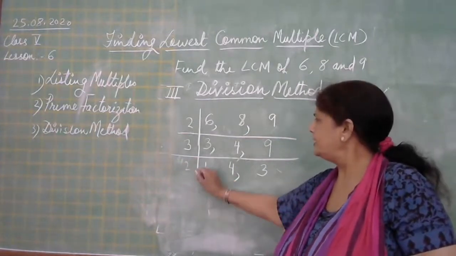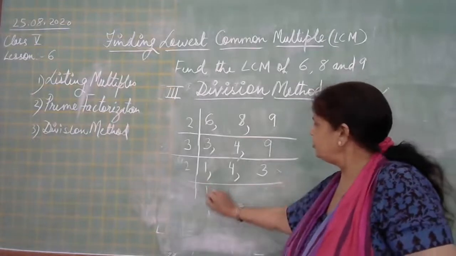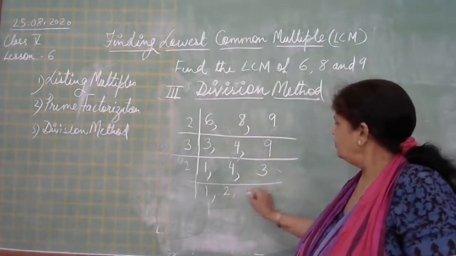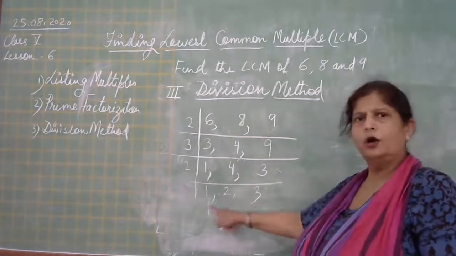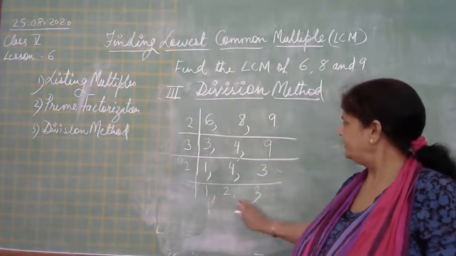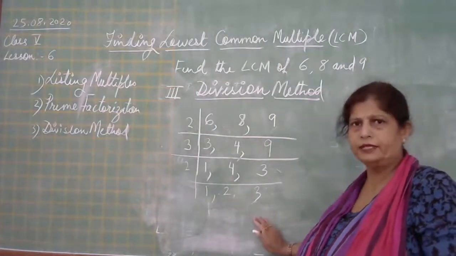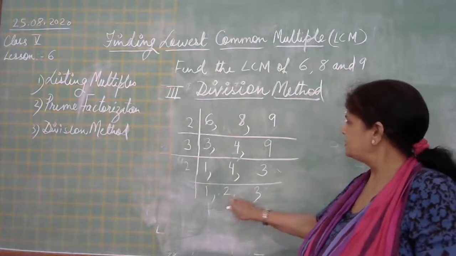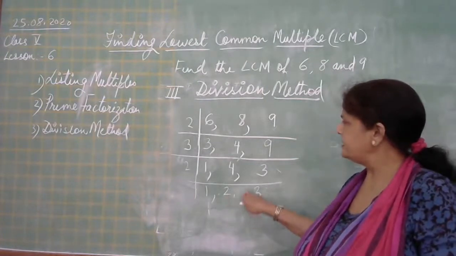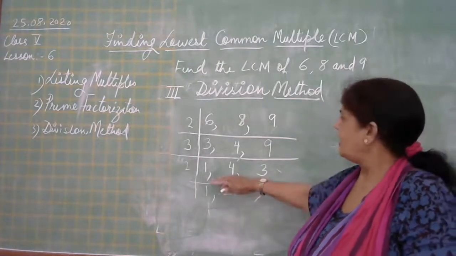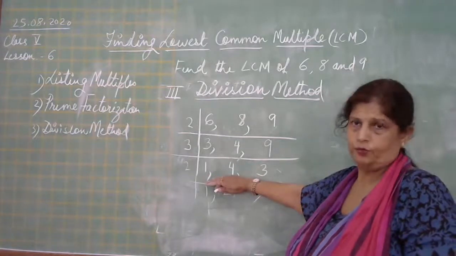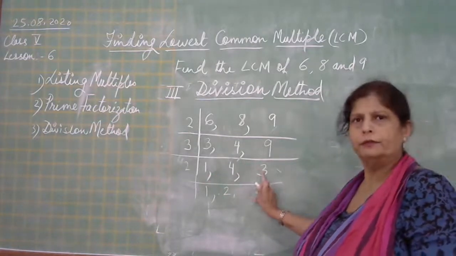You could take 2 here. This will be 1, 2, 3. And now we have got all the numbers: this is 1 and these are prime numbers, co-prime numbers in themselves. So when you are getting prime numbers here, you can stop here also, because these are also co-prime numbers.